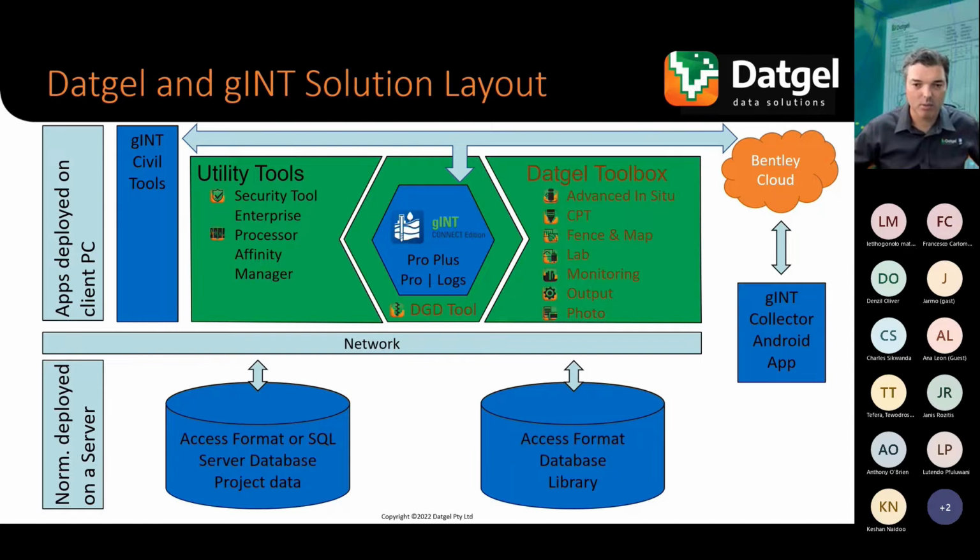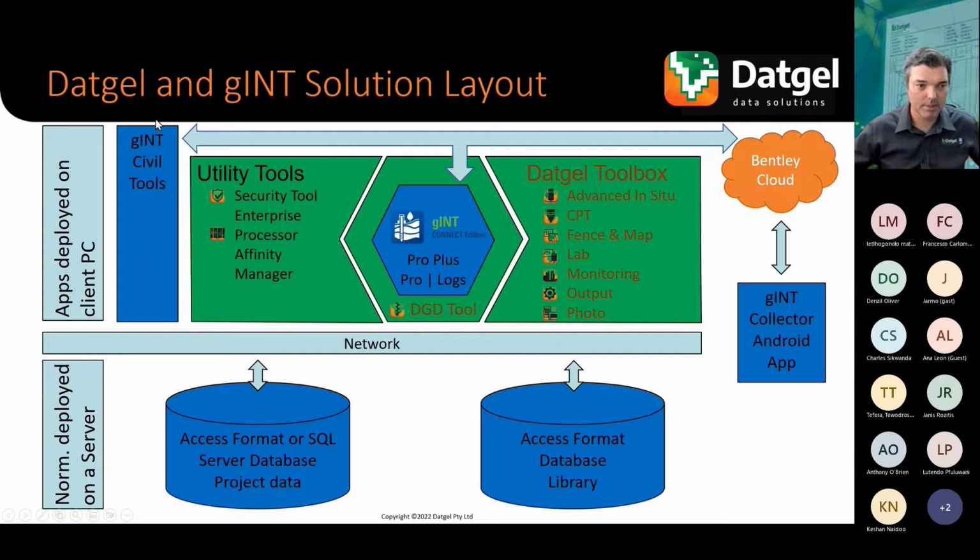So for one simple purchase, one line item, you can get all of these Datgel tools in one pack. And then we have these other utility tools over here on the left, which are not part of the Toolbox product, but are partly part of the installation. You'll see later we also have the Datgel Toolbox Installer as part of our new solution, or new generation.